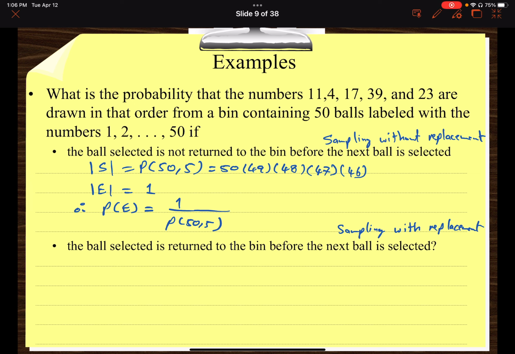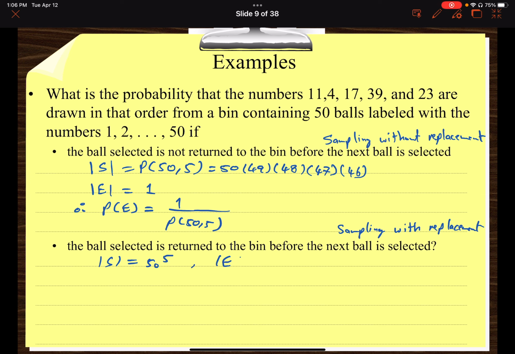What about the second one? Now, in the second case, what is going to change? The size or the cardinality of the event or the cardinality of the sample space? The sample space; the cardinality of the event is going to stay the same, right? So, what will be the cardinality of the sample space in this case if I return the ball back to the bin? 50 to the power 5, right?